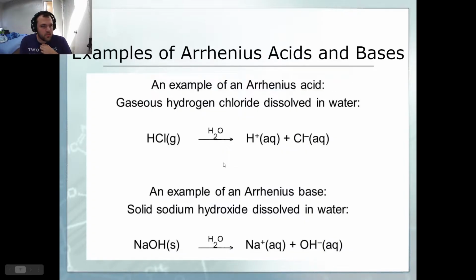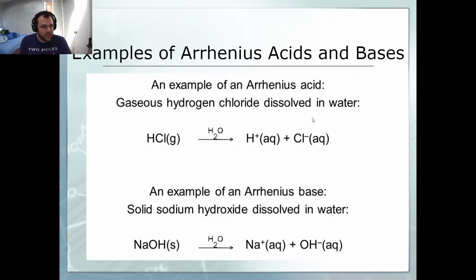All right, so some examples of that. Typically, you're going to be able to see the H bonded with some kind of nonmetal anion. So here we have hydrochloric acid, so it's an H and a chlorine, HCl. And then when it gets dissolved in water, it creates that H+ as the cation and the Cl- as the anion.